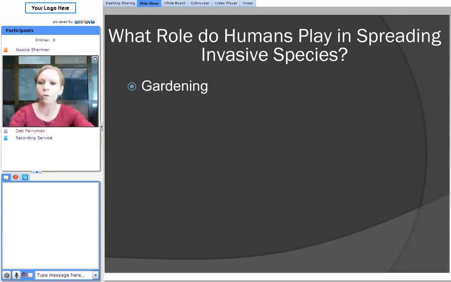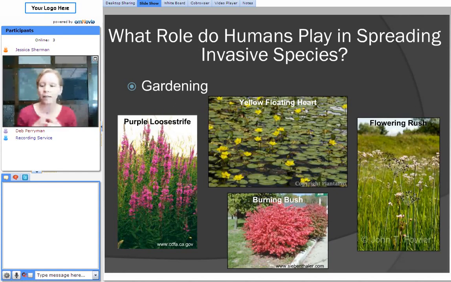Gardening or ornamental horticulture does as well. So these are 4 species of plant, and there's many of them that have been introduced this way. Purple loosestrife, that was a picture I showed earlier where there's a huge big monoculture, and that was introduced through apiaries or people who were beekeeping and gardens.